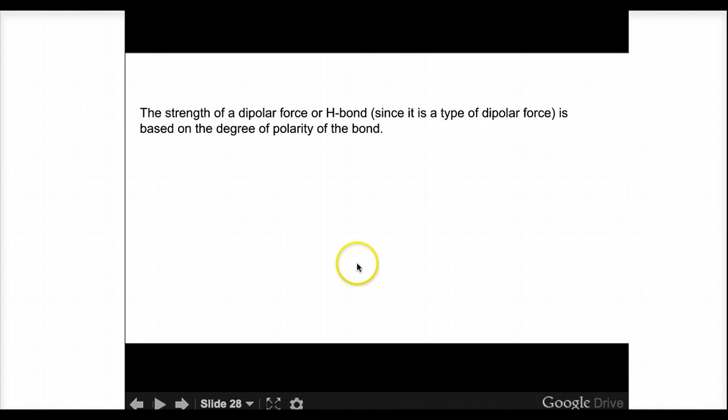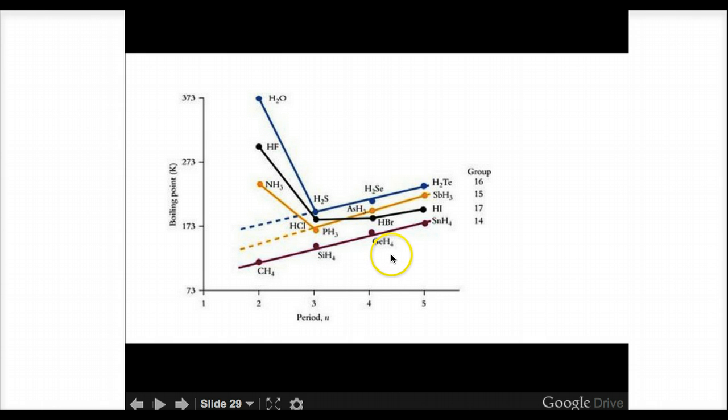The strength of a dipolar force, or H bond, since it is a type of dipolar force, is based on the degree of polarity of the bond. And of course, this is a very famous chart that you'll see all the time, so look at some trends here. If you didn't already notice, tellurium, selenium, and sulfur going up group 16, notice the boiling points increase as we go from sulfur to selenium to tellurium, from period 3 to 4 to 5.